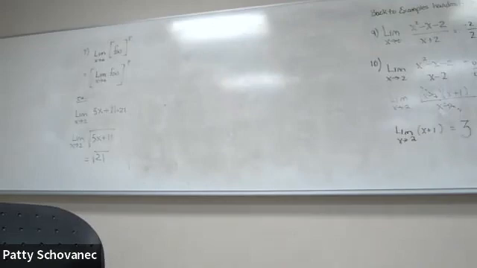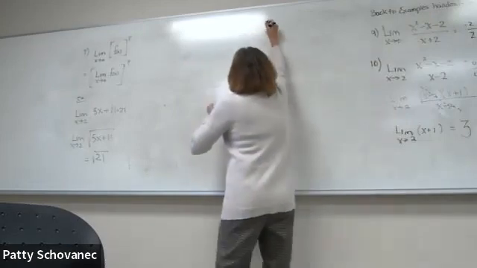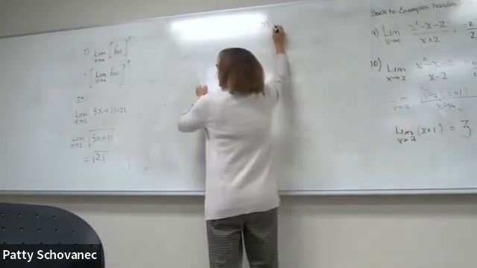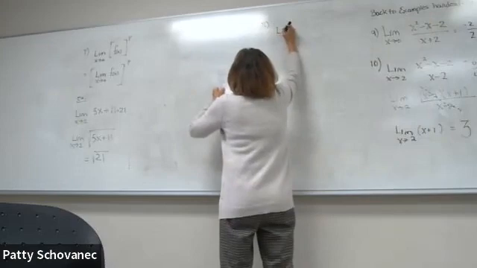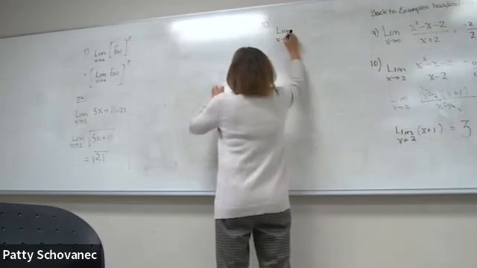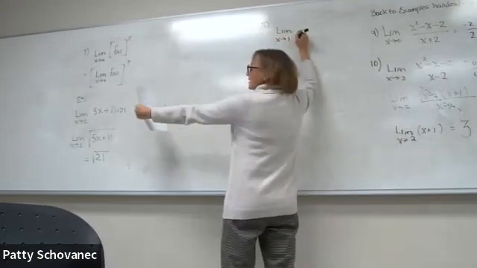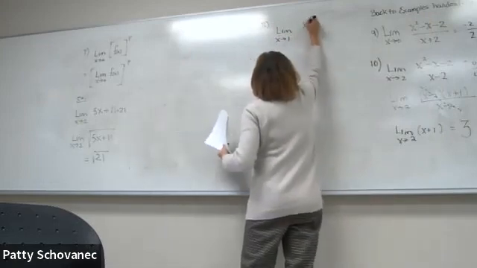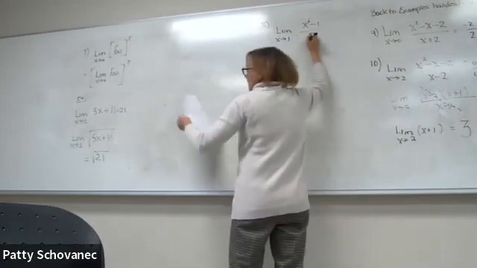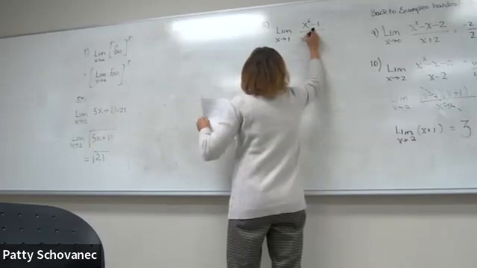All right, so I picked one that's harder to factor. We've got the limit as x goes to 1 of x to the 6 minus 1 over x squared minus 1.